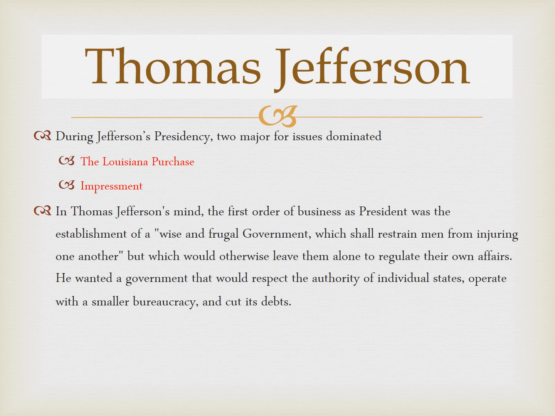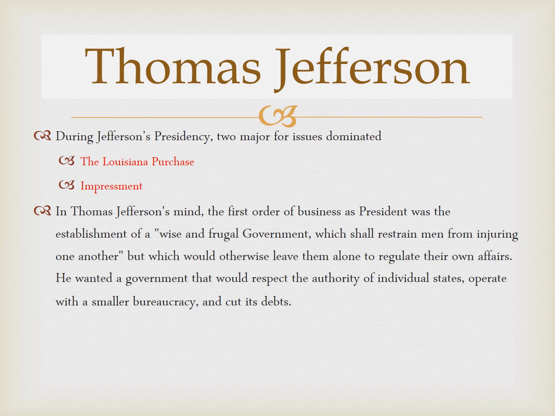It's going to allow the United States access to lands west of the Mississippi, where we can move west. And then the other issue, impressment, and the various issues we are having with foreign policy with the British, as you now are aware of because you watched the film, were ultimately going to boil over into the War of 1812 under James Madison's administration. So for those reasons, I choose to look at these 2 topics, okay?